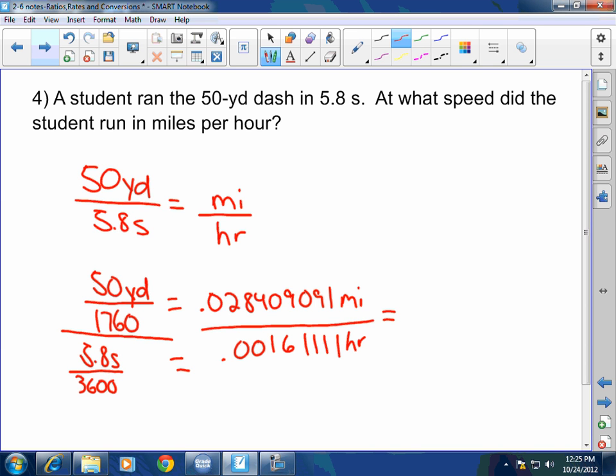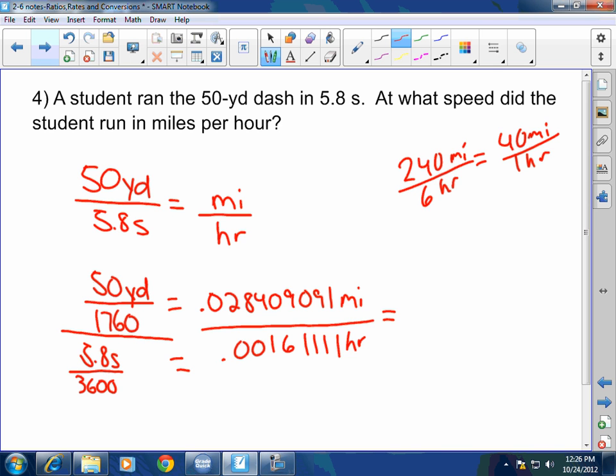Now, that's a rate. How do I get that rate to become a unit rate? How do I get the denominator to become 1? I divide. Thank you. Guys, didn't we just do that? If I had 240 miles in 6 hours, didn't I say to get the unit rate you divide, and that's 40 miles per 1 hour?